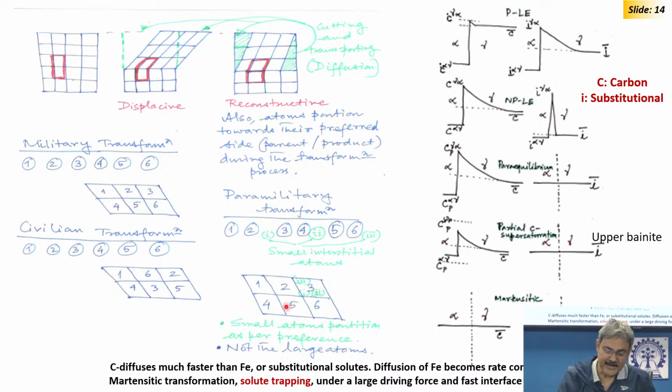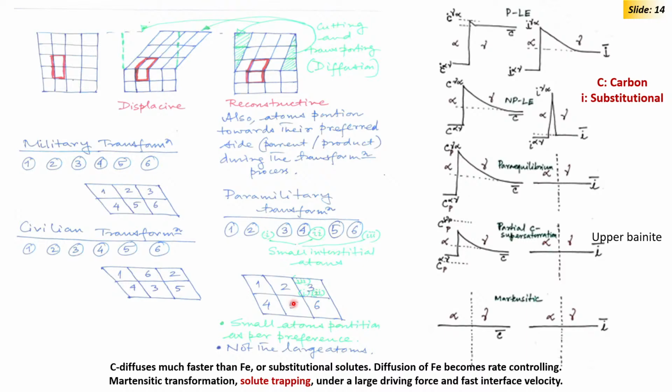And there is a third category, which he termed paramilitary transformation, where the parents sit like military, but young people who are below 18 can choose their position. Okay. So, carbon can partition according to its wish, but substitutional elements follow a particular order, which is typically Widmanstätten ferrite.